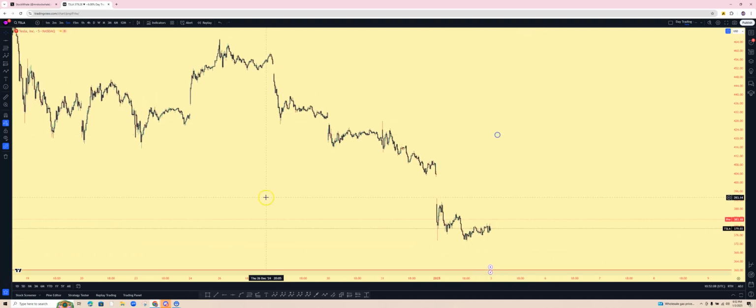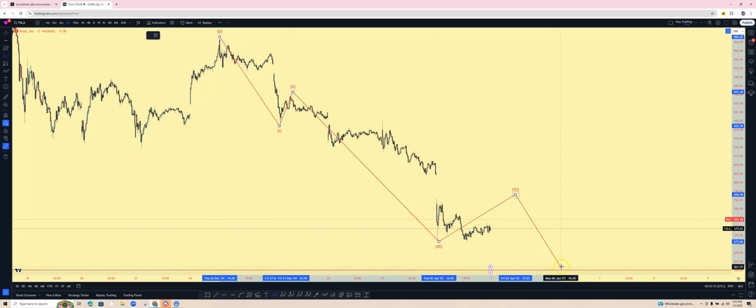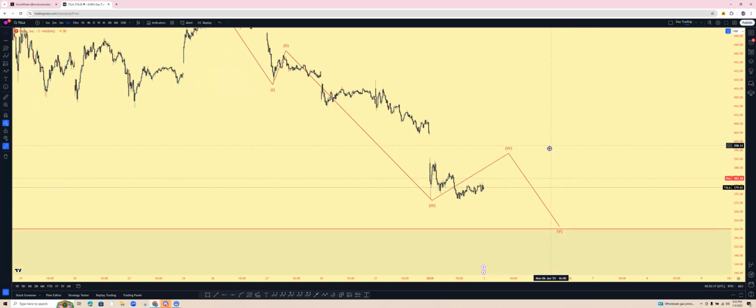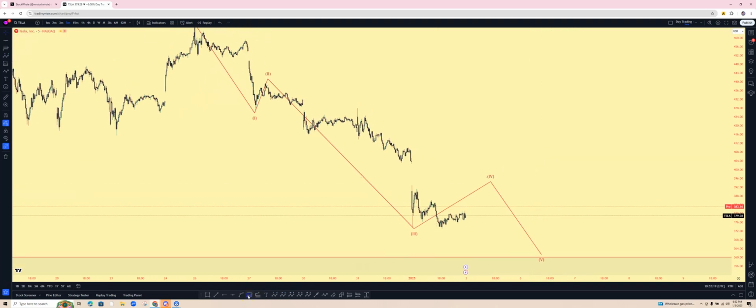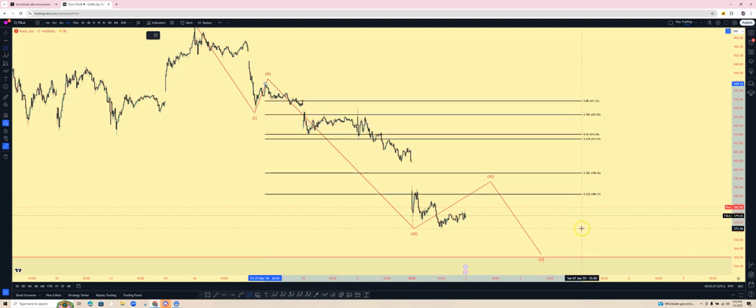Possibly this is a wave 1, 2, 3, 4, 5 coming down. Remember, wave 4s typically like to retrace 236 to 382. So we're going to take wave 2, project it down. We could retrace back to the 388 or 400 area before coming down.